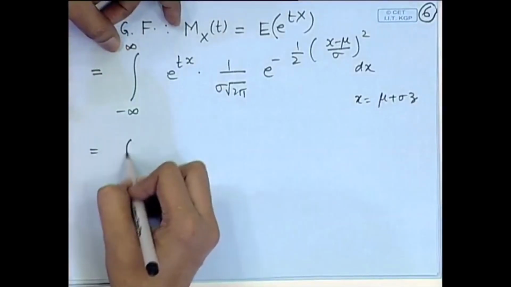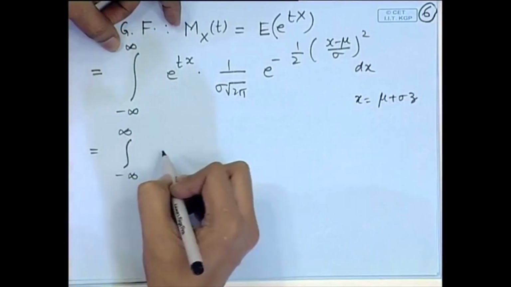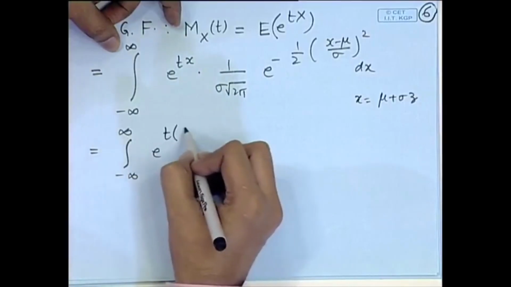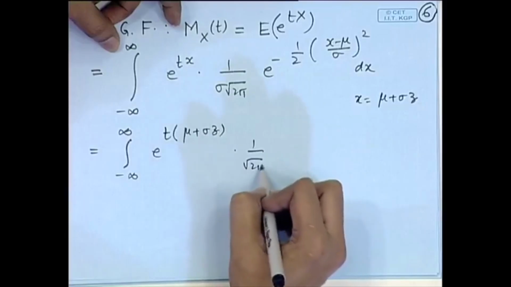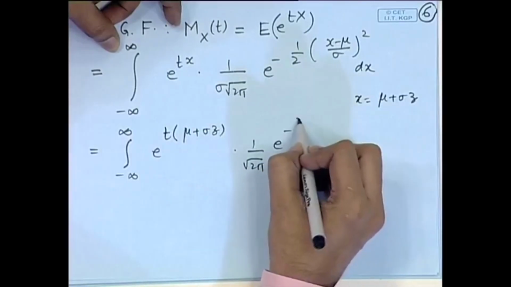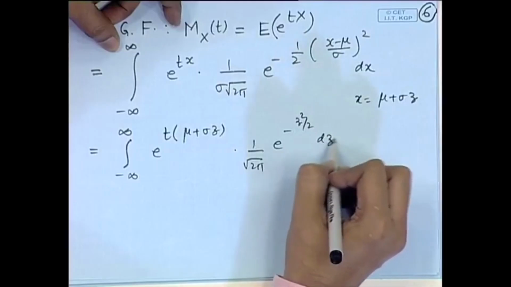So, the integral becomes e to the power t mu plus sigma z 1 by root 2 pi e to the power minus z square by 2 dz.